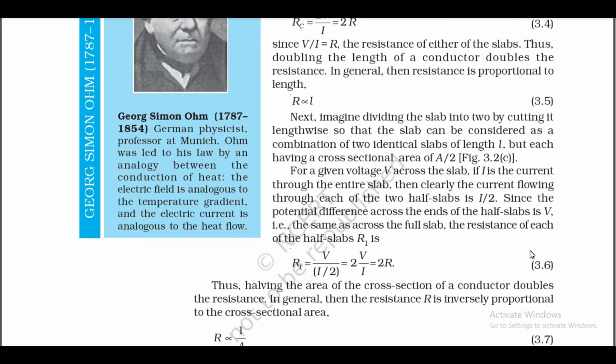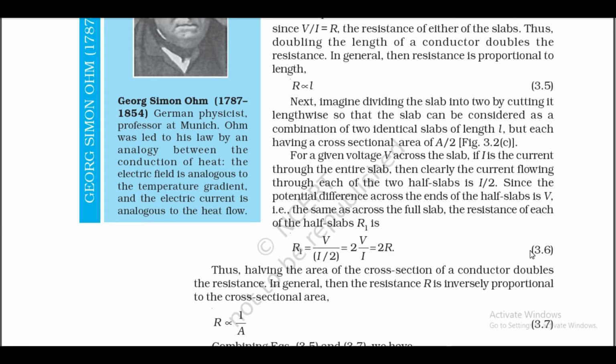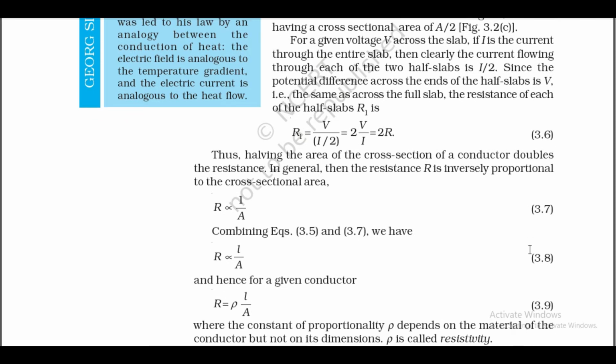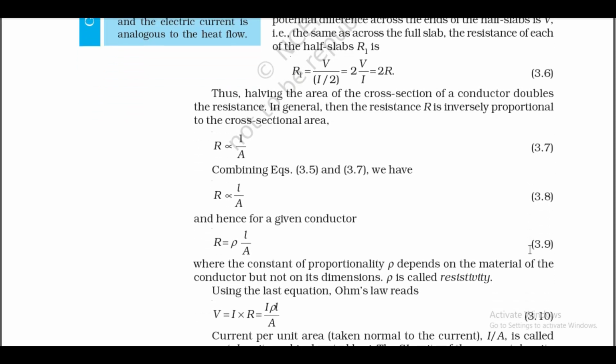Since the potential difference across the ends of the half slabs is V, the same as across the first slab, the resistance of each of the half slabs R1 is equal to V divided by I/2, which is 2V/I = 2R. Thus, halving the area of cross section of the conductor doubles the resistance. In general, the resistance R is inversely proportional to the cross-sectional area. R is directly proportional to 1/A.